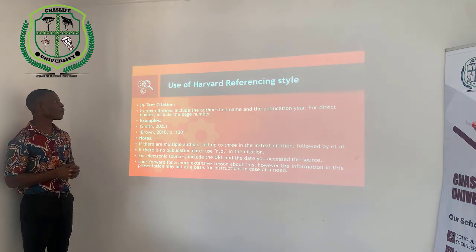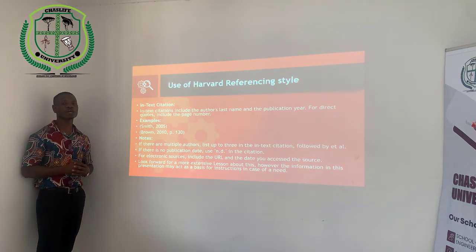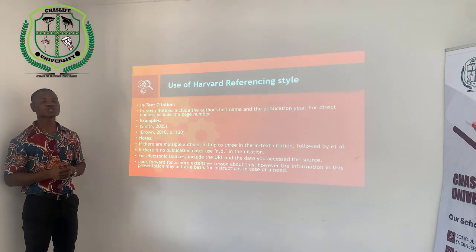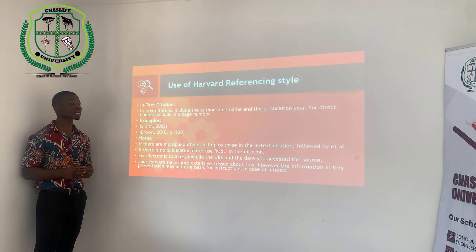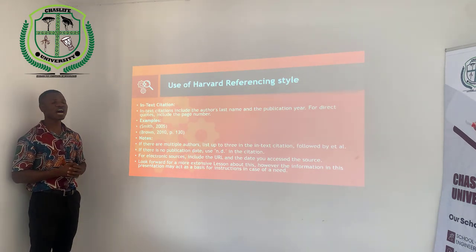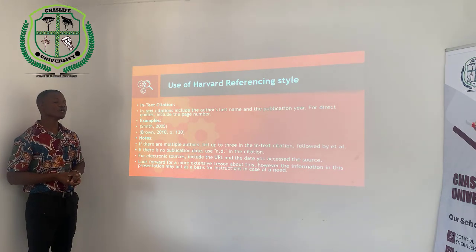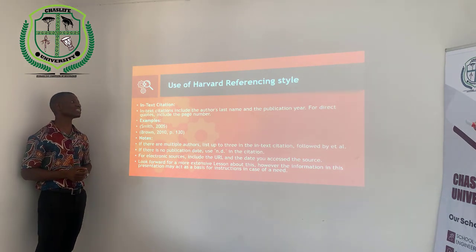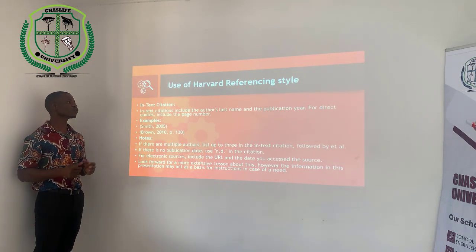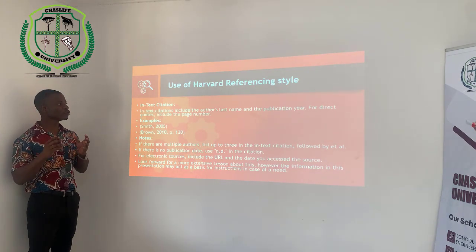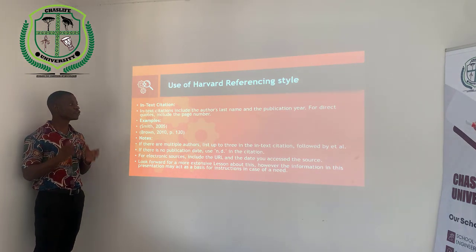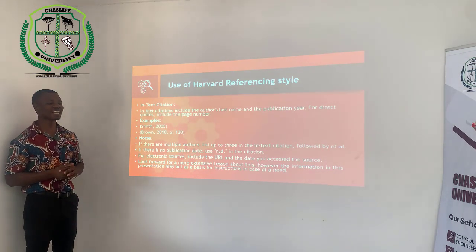So we also proceed to another way on how you can cite your academic assignment using the Harvard referencing style. If you are using in-text citation, this is the way you can cite it.